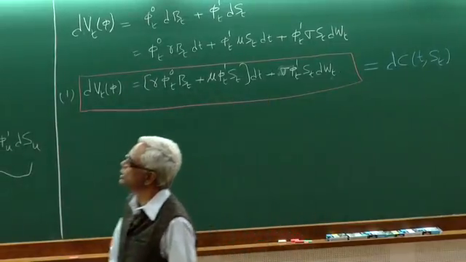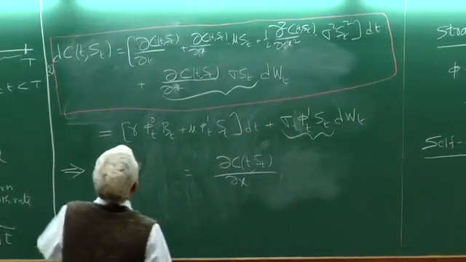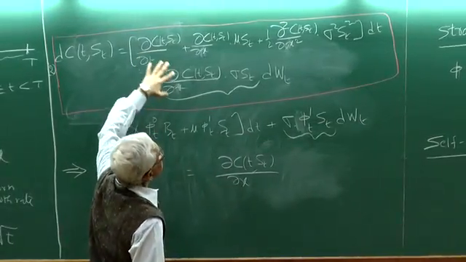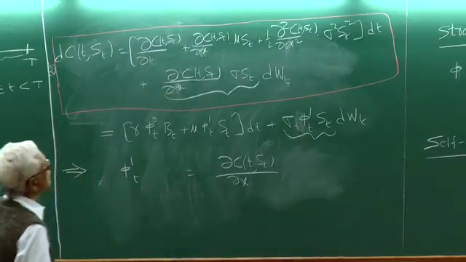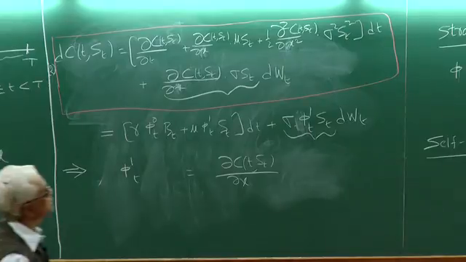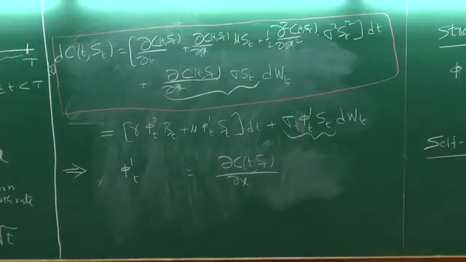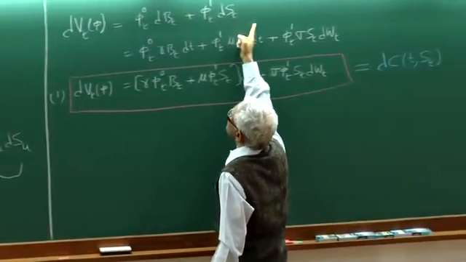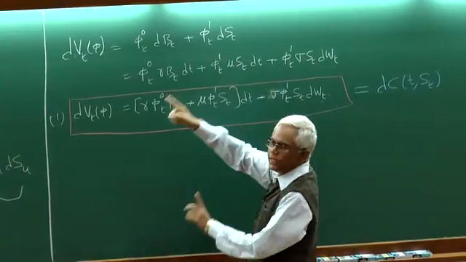So you can calculate the phi 0 of t also. You can equate the other part and you will get phi 0 of t. C_t equal to V_t.